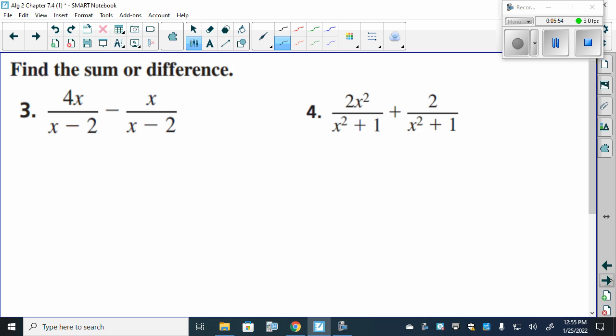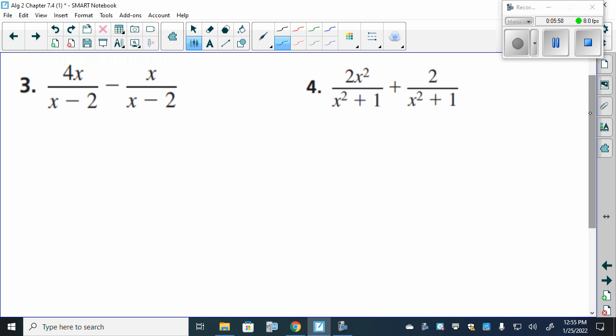I'm not going to be too concerned with number 3. Let's look at number 4. Well, here, the denominators are both the same, x squared plus 1. So we can go on and add the numerators, which would be 2x squared plus 2, because they're not like terms, so we're really just rewriting it with a plus sign in the middle. Now, is there anything we can simplify?